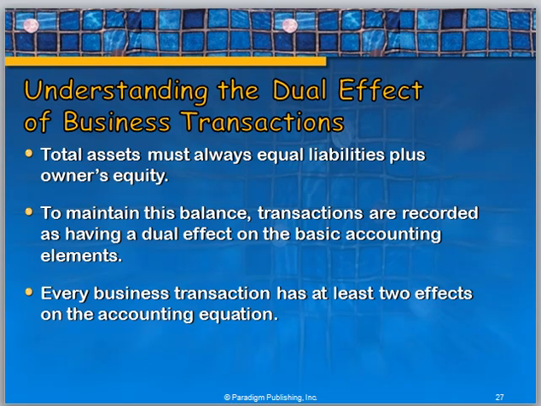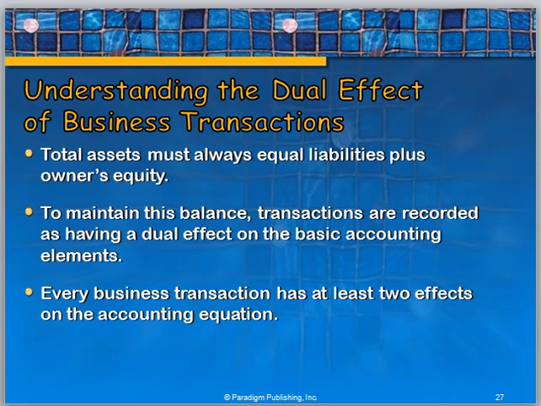So if a company purchased $3,000 of equipment on credit, that transaction has two effects on the accounting elements. One, the assets increase because an asset was acquired. And number two, since we purchased that asset on credit, our liabilities also increase.